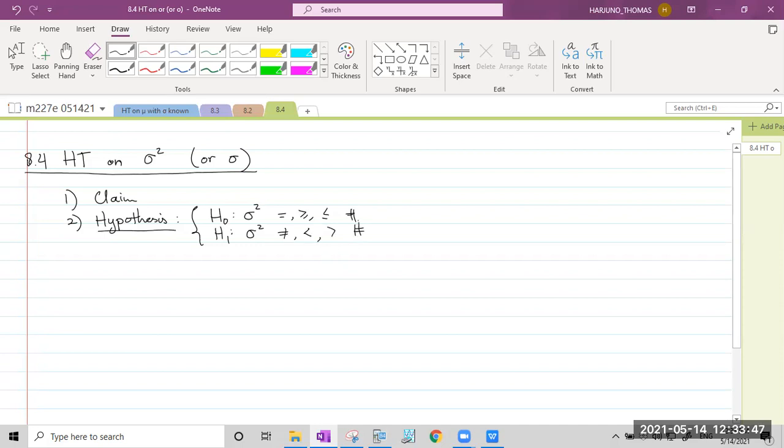Sometimes the wording in the claim is on the population standard deviation, so instead of population variance, you use population standard deviation. Now the trouble usually is in step 3 when you do the test statistic.